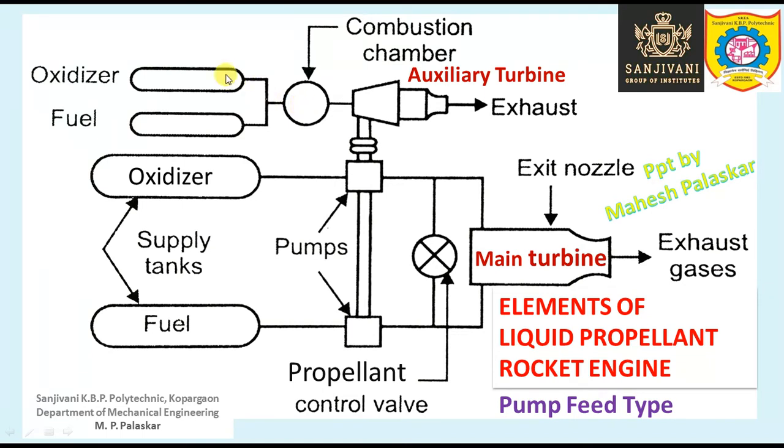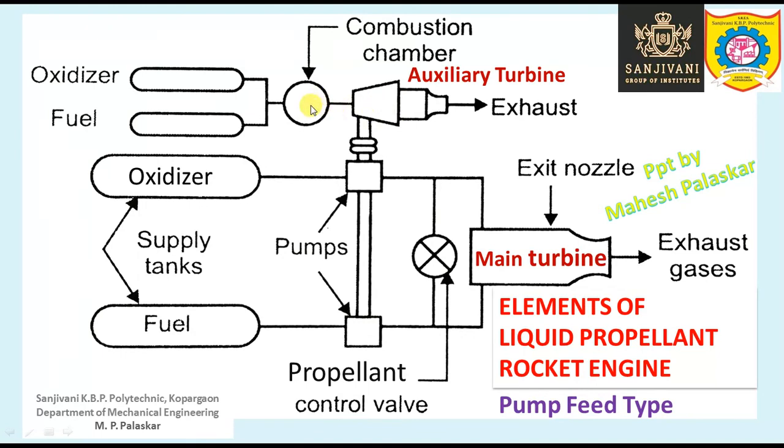So the oxidizer will enter inside the combustion chamber, fuel will also enter inside the combustion chamber. There will be combustion taking place in the combustion chamber, and expansion will take place inside this particular nozzle of the auxiliary turbine, and the jet will be exhausted, and due to that this turbine will produce some power.